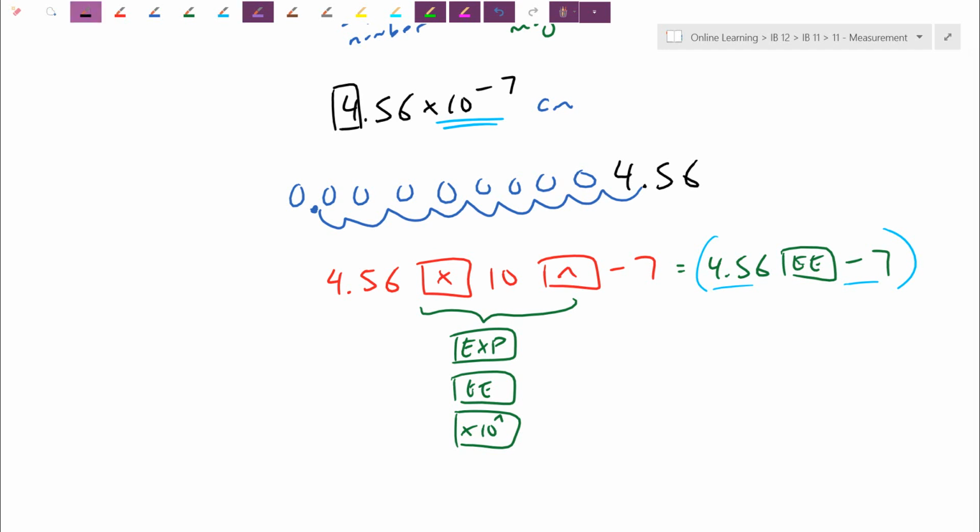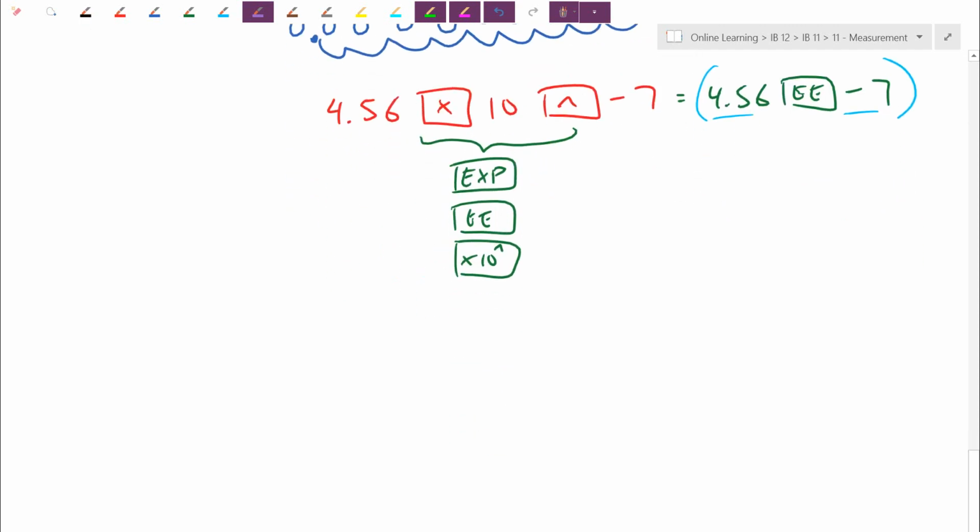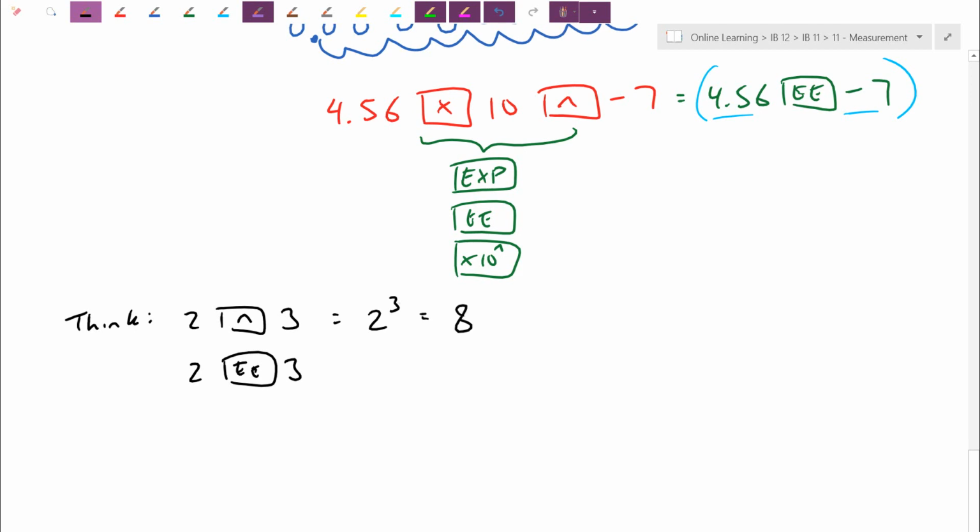Just be careful, however. Although the exponent, this EE here, does mean to the power of, what's the difference between if I go 2 hat 3 versus 2 EE 3? Well, 2 hat 3 means to the power of 3. This time it's 2 taken to the power of 3, so 3 2's multiplied together, that gives you 8.